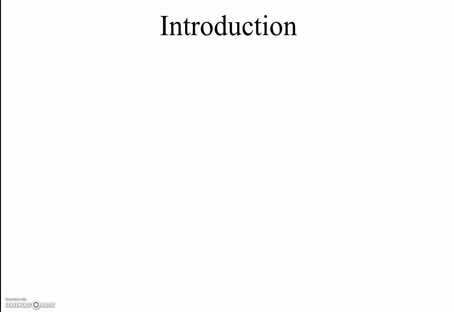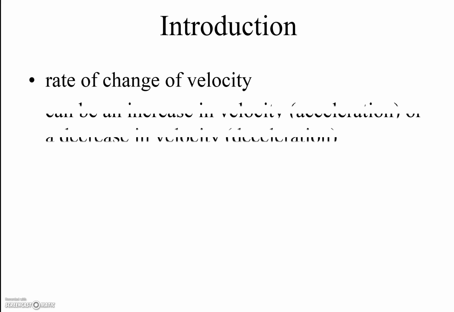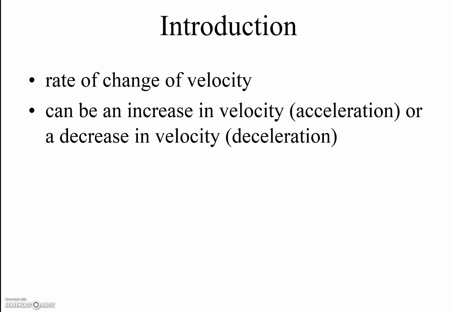Acceleration. We want to talk about some introduction information about acceleration before we do any kinds of calculations. So when we talk about acceleration, we're dealing with a rate of change of velocity. It can be an increase in velocity, which we call acceleration, or it can be a decrease in velocity, which we call deceleration.